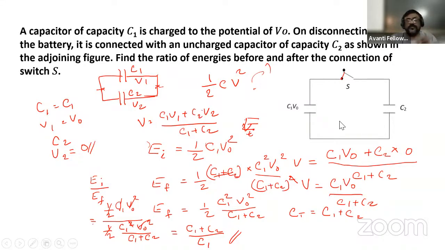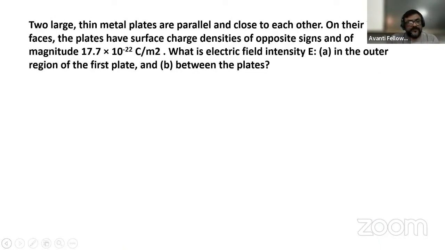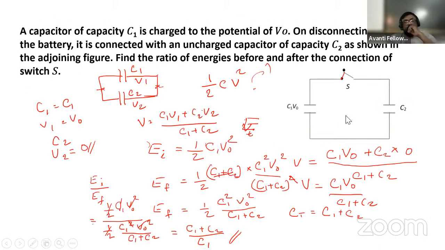For that, you should just find EI minus EF. Definitely, it will be a positive quantity and energy is lost. And what are the possible causes for this energy loss? That also can be asked. What are the possible reasons why energy is lost in this process?